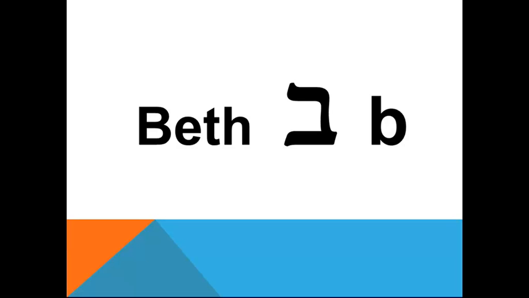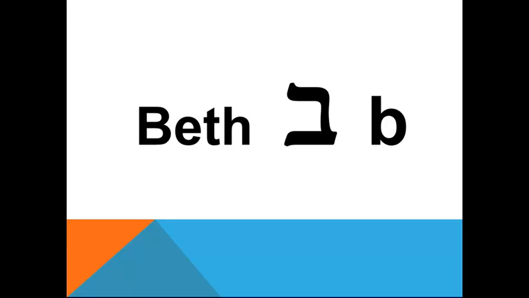A in English is a vowel, and Hebrew doesn't have a letter for A. Rather, Jews today and ancient Hebrews just knew what vowel went with the consonants. It'd be like if we took all the A, E, I, O, and U out of an English newspaper and tried to figure out what it was saying without the vowels. That's the way the Hebrew alphabet works. And so Aleph is not A.